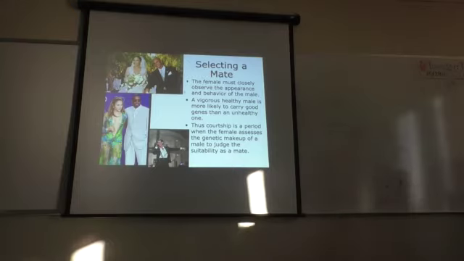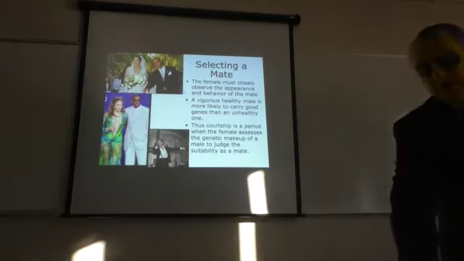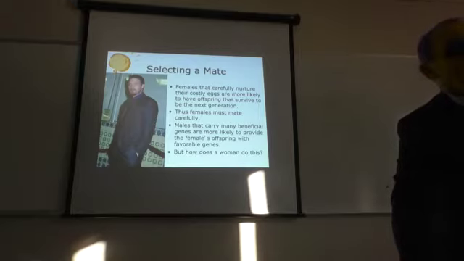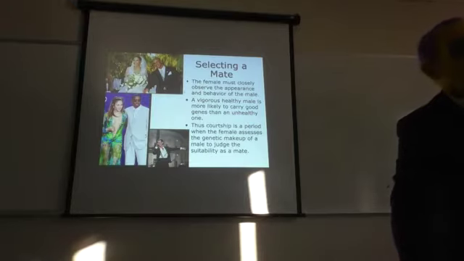So as you can see, she was selecting males that were fairly vigorous and had relatively good genes. I'm not sure about Ben Affleck's genes, but some women find him attractive. I think he's the Daredevil. Isn't he Daredevil? And he's also Batman. So, I mean, who doesn't want to marry Batman?